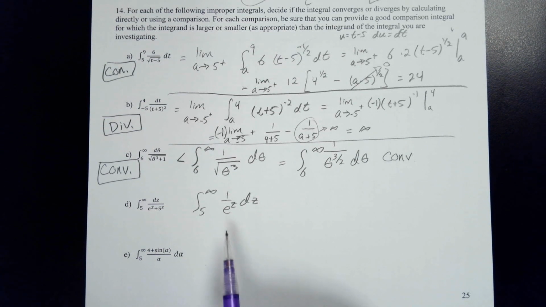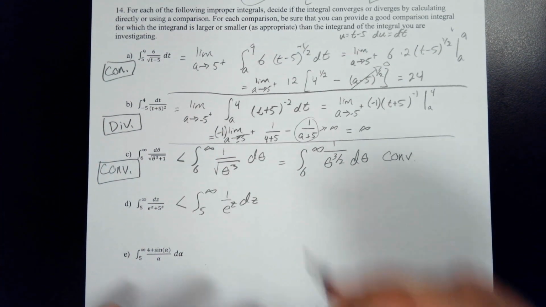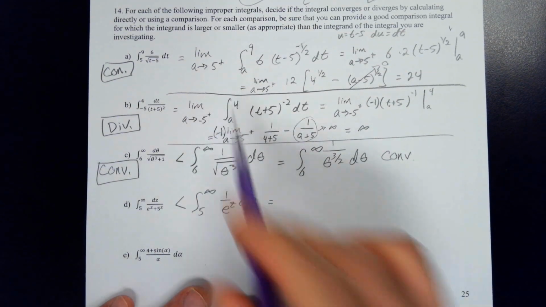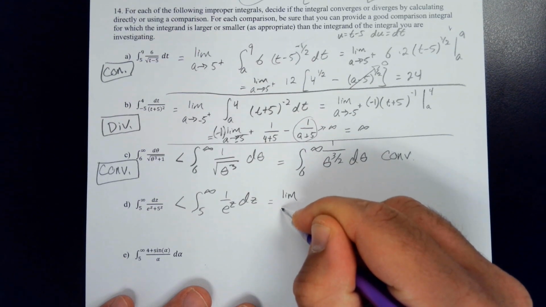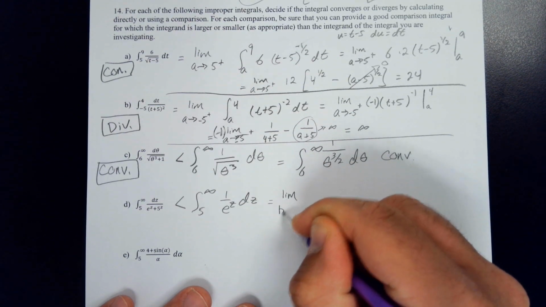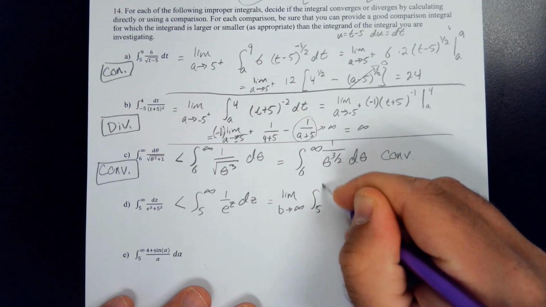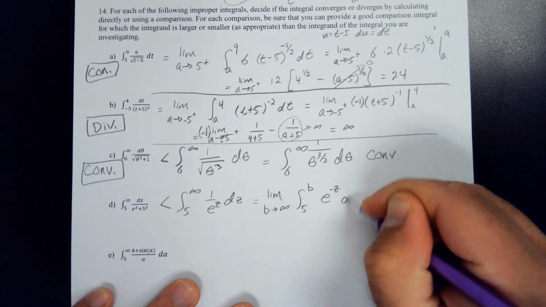Which one is bigger? Well, again, this denominator is bigger, so this overall integrand is bigger, so the inequality sign goes that way. Well, this is the same as, and now I'm going to do one of these improper integrals, the limit as b approaches infinity of the integral from 5 to b of e to the negative z dz.